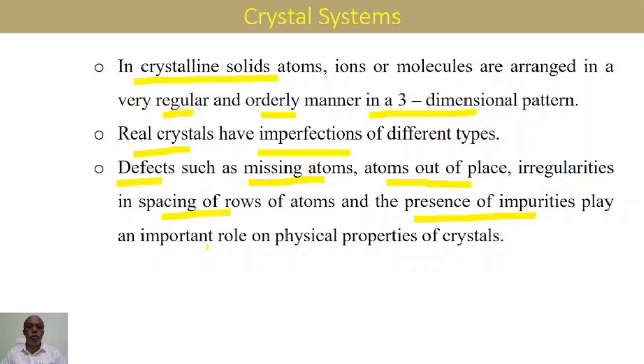Hence these defects play a major role on the physical properties of crystals. We have many imperfections or defects in case of real crystals.